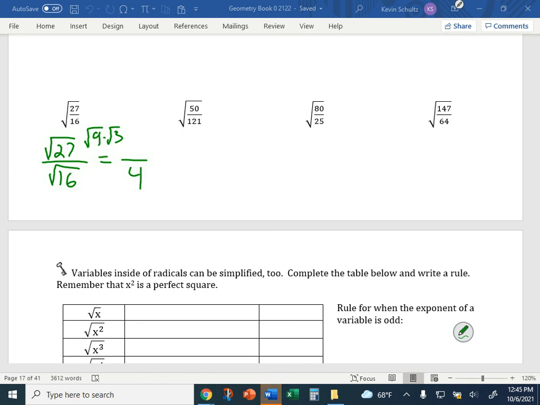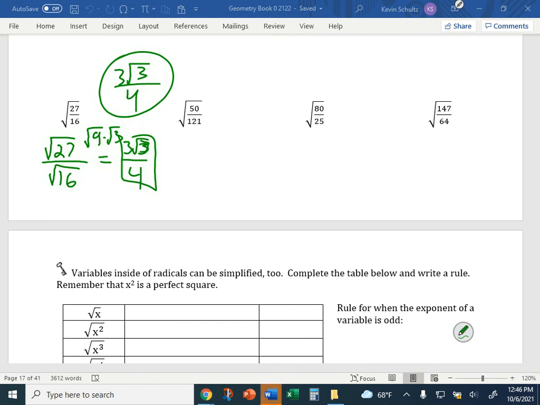So root 9 and root 3 for 27, which gives us a final numerator of what? What does root 9 times root 3 break down to be? 3 root 3. So our answer here would be 3 root 3 over 4. Okay? 3 root 3 over 4.